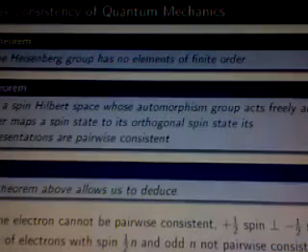Those two conditions are, firstly, that the automorphisms act freely, and second, that the automorphisms contain no involutions. Now the second of those two conditions is sufficient but also necessary. So we can say that since the Heisenberg group has no involutions, quantum mechanics is weak pairwise consistent.